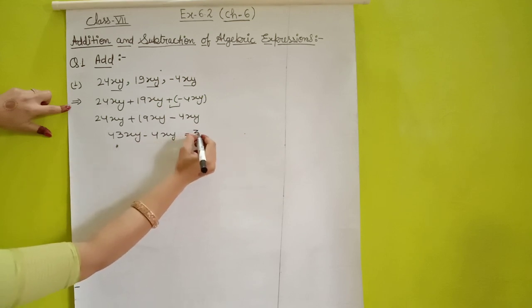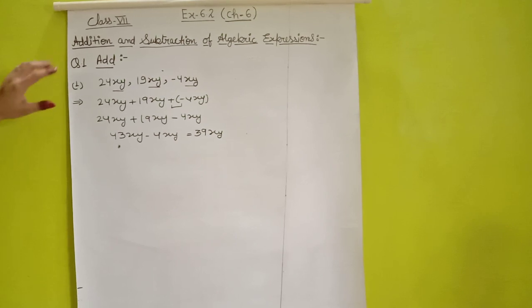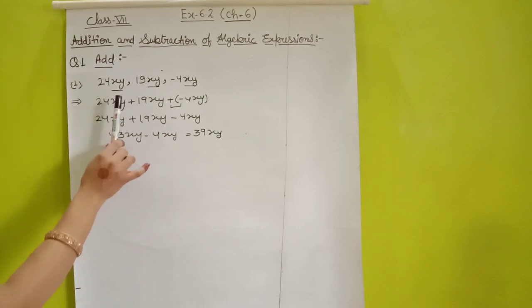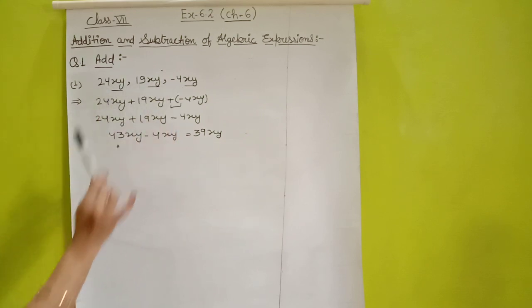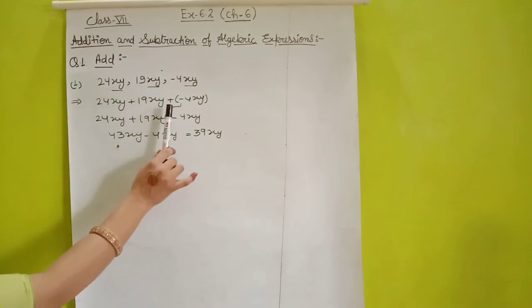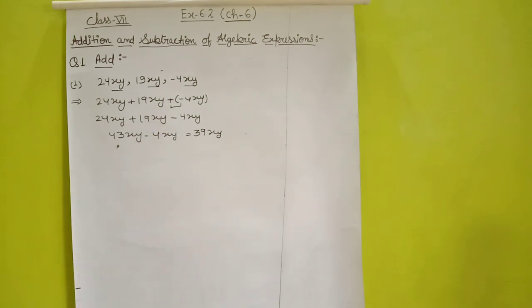It will be 39xy. So like this you can do addition of algebraic expressions. Nothing I did here, only first of all I checked whether these are like terms or unlike. These all are like terms, then I have added, and here two signs are coming together, so you will operate.